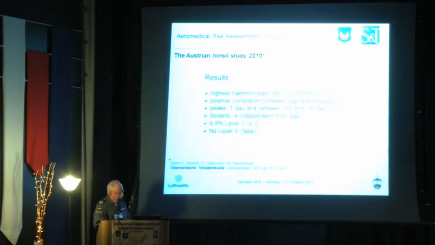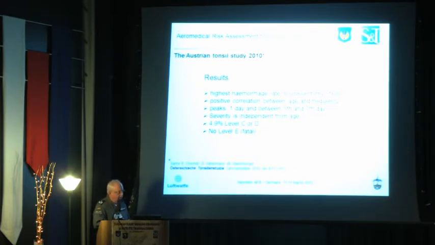And the results of this big study: the highest hemorrhagic rate in tonsillectomy is 16%, compared to other operations, tonsillotomy, for instance. There's a positive correlation between age and frequency. The peaks of bleeding are the first day and between the 5th and the 7th days.